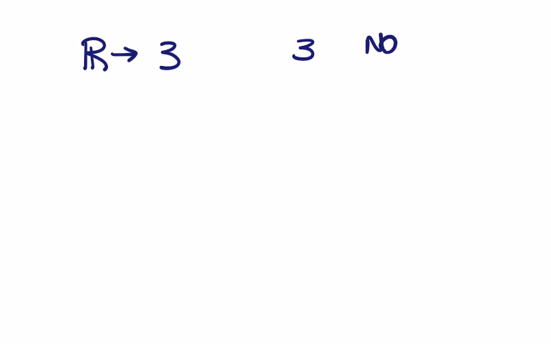Instead of saying no imaginary part, we could say it's 0 associated with the j, and we could connect those two with a plus. So the real component of this complex number is 3, and the imaginary component is 0.